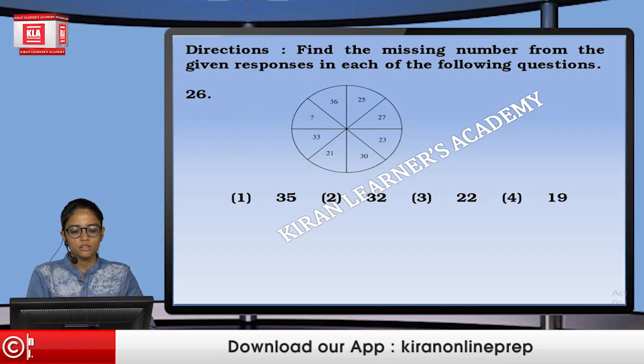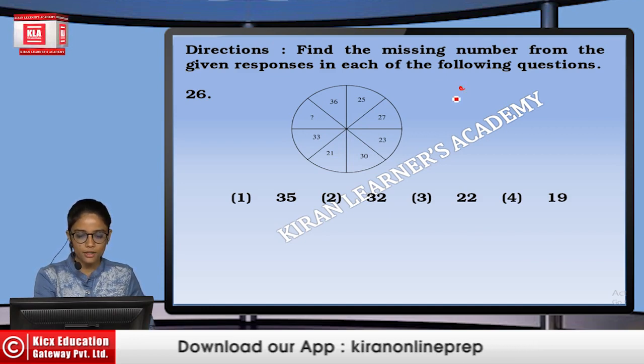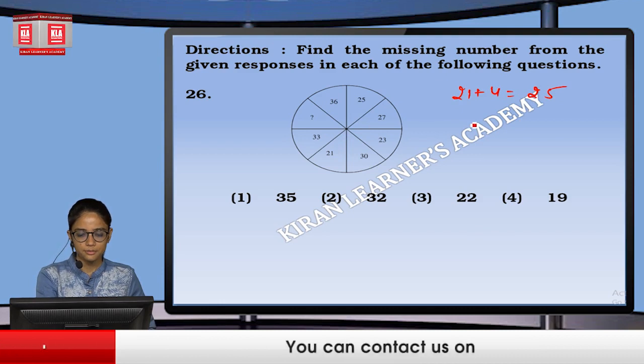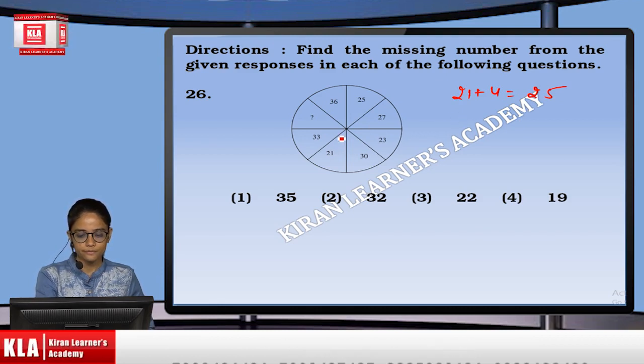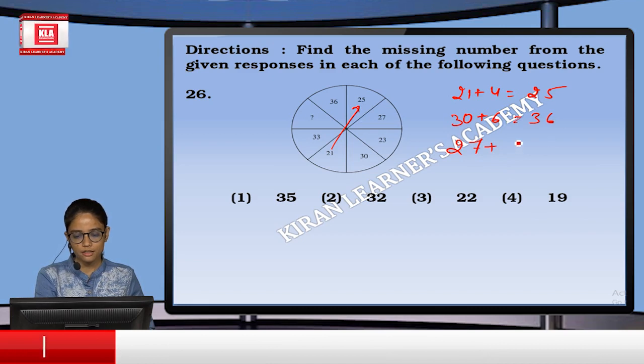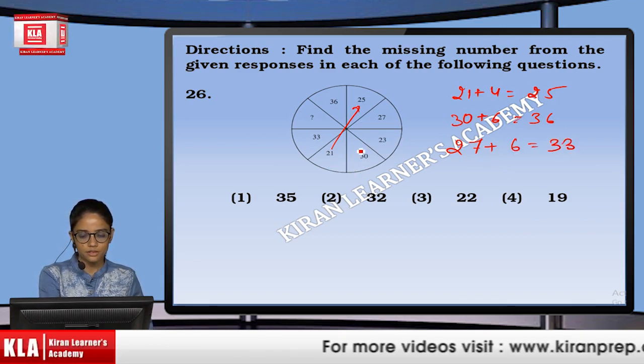Next question. In this, let's see what we have to do. We can say that 21 plus 4 is 25. Similarly, 30 plus 6 will give you 36. 27 plus 6 will give you 33.